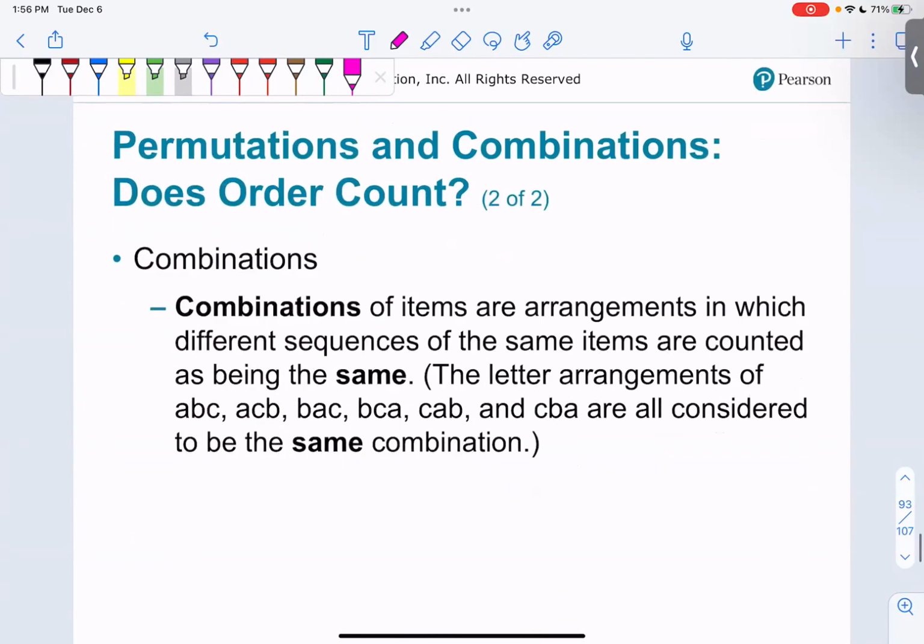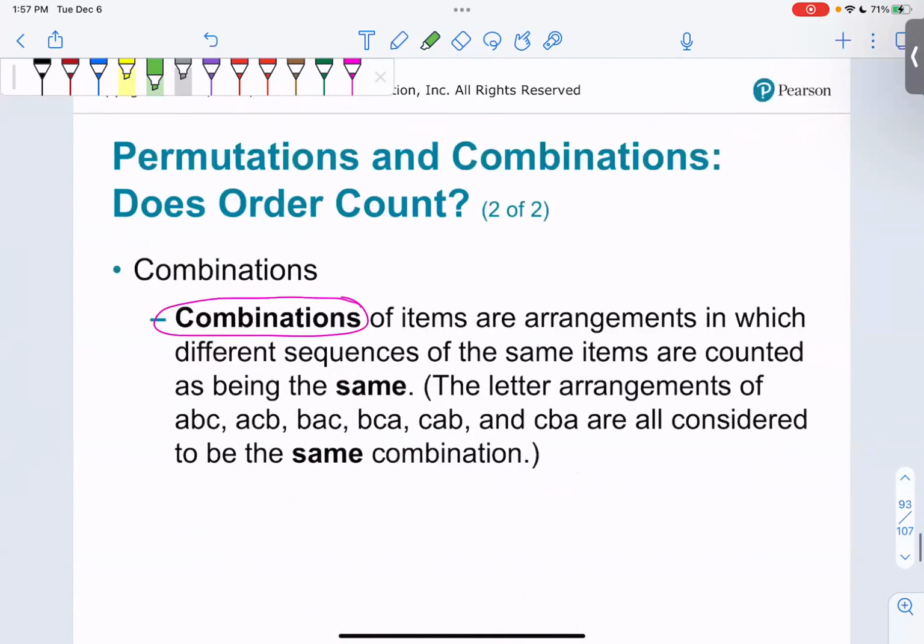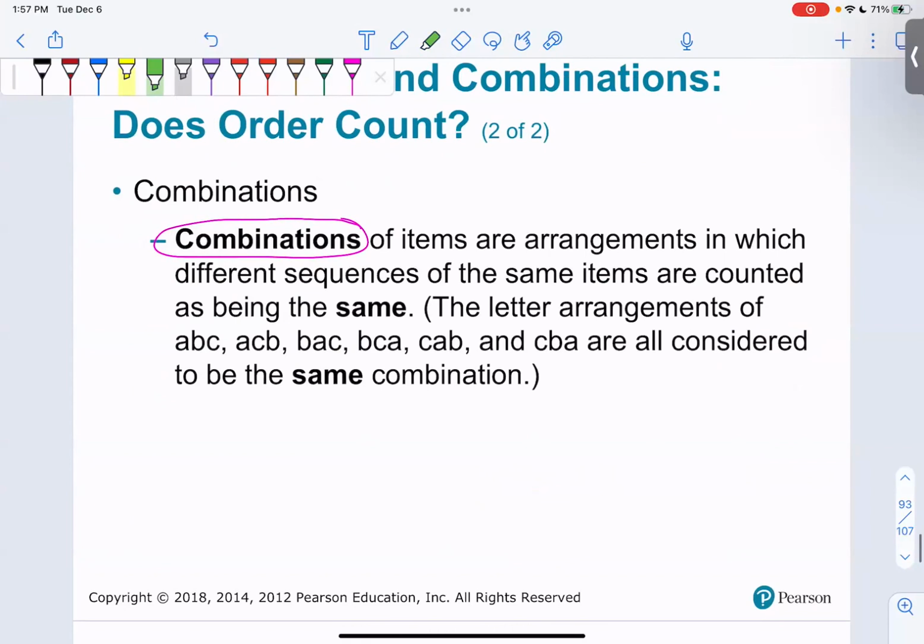Okay, and this is the combination. All of those I will consider as just one. So basically A, B, C and A, C, B are the same.